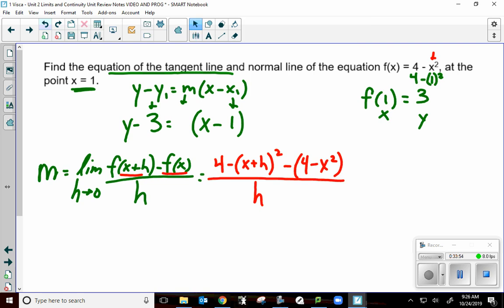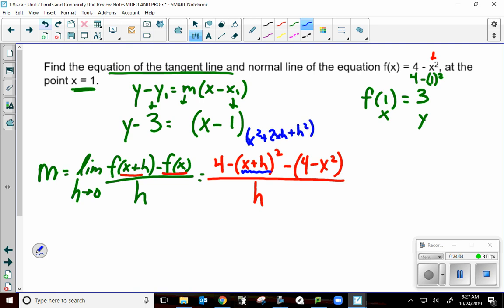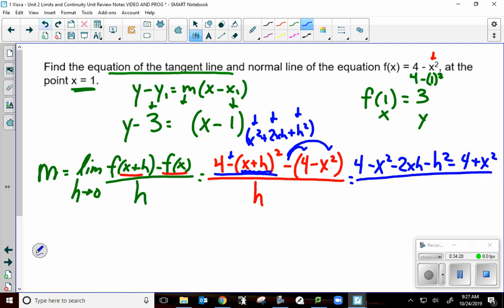Now, I know that if I FOIL this, I get x squared plus 2xh plus h squared. But I still need to distribute my negative to all of these. And when I do that, I get 4 minus x squared minus 2xh minus h squared. I distribute the negative sign here. Minus 4 plus x squared all over h.